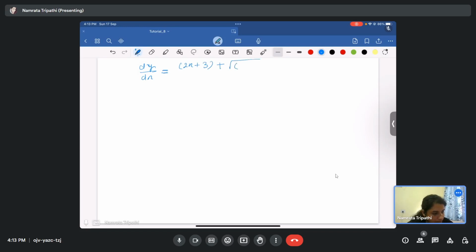This will become, after calculating the term inside the square root, b is minus 2x plus 3.